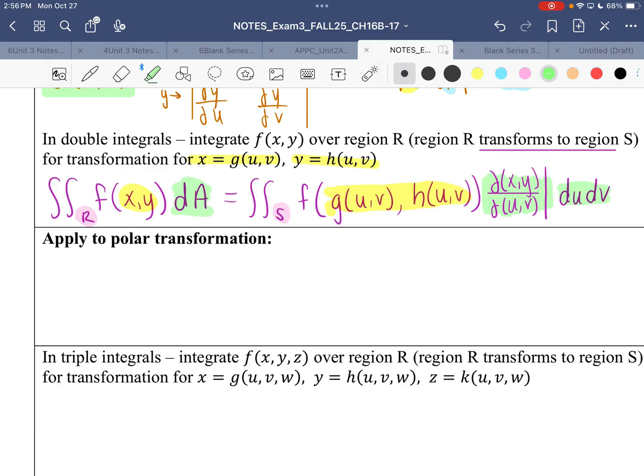So just to prove to you about a polar transformation. x is a function of r and theta. And we know already that to do this transformation, we would have r cosine theta. And then y is some other function of r and theta. And we know that function to be r sine theta.